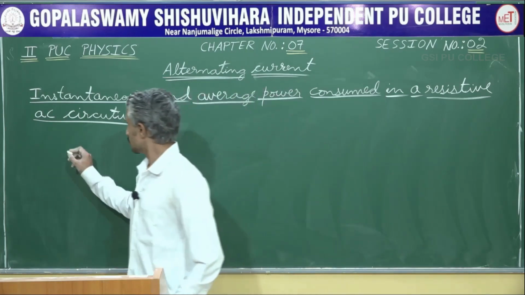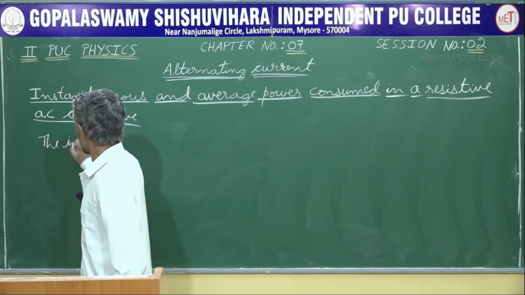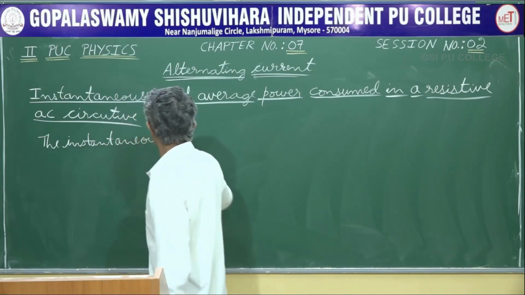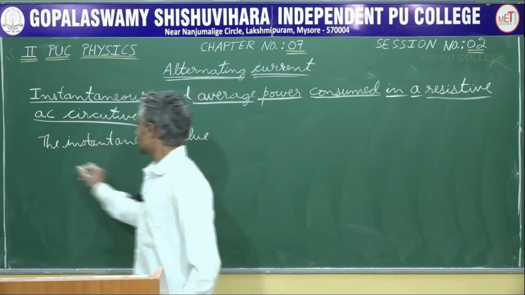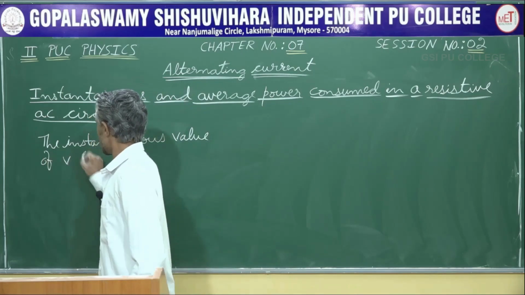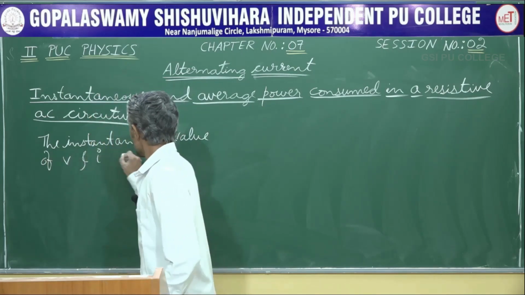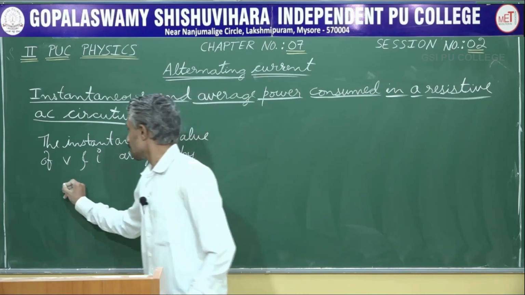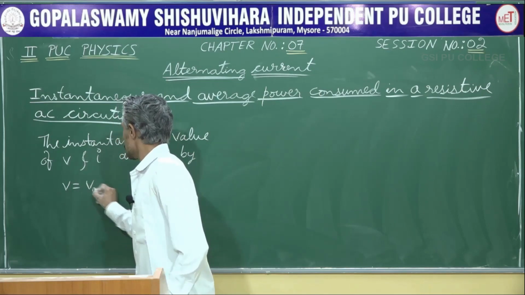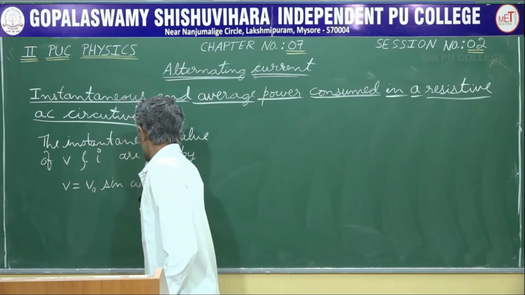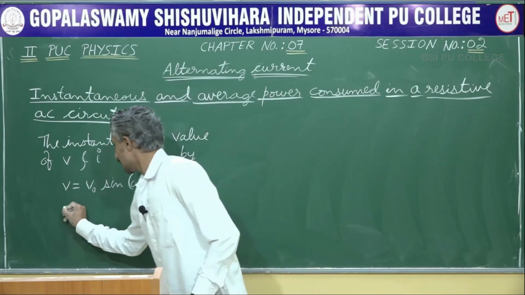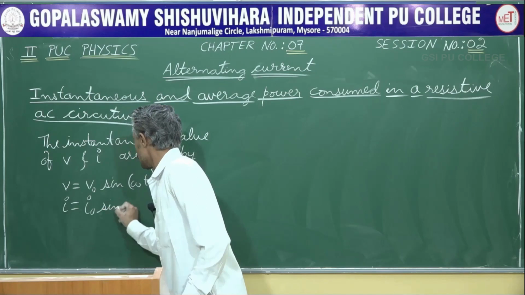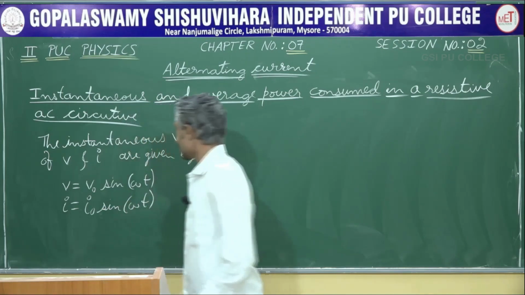So, we know that the instantaneous value of the AC voltage and current are given by V is equal to V naught sin omega t and I is equal to I naught sin omega t.